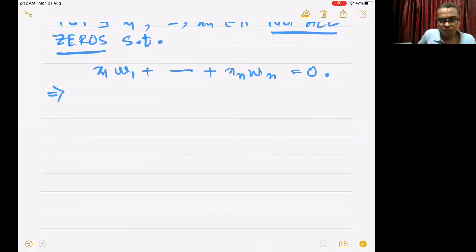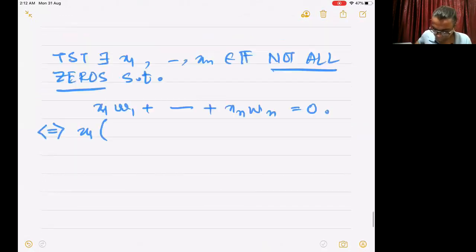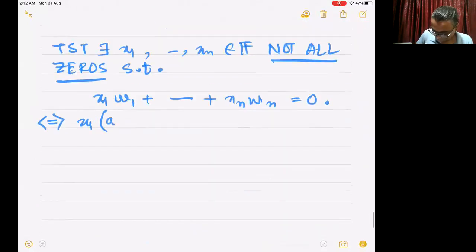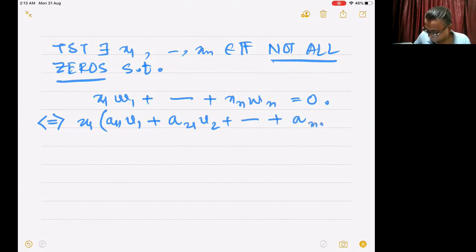This is equivalent to what? This is equivalent to x1, and now I'm going to write this as, remember this linear combination, w1 is a11 v1 plus a21 v2 plus dot dot dot up to am1 vm, right?